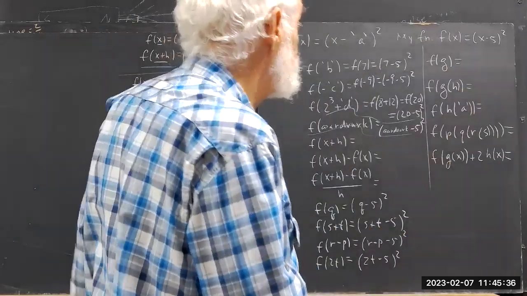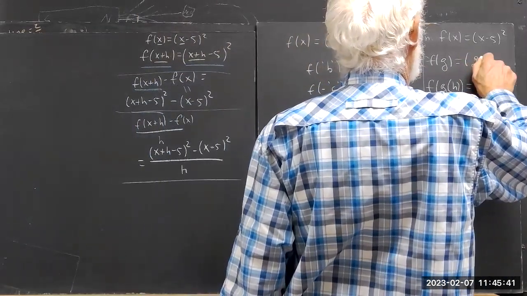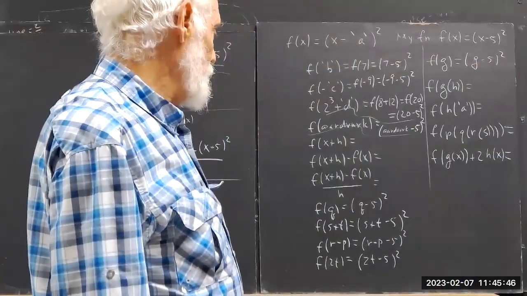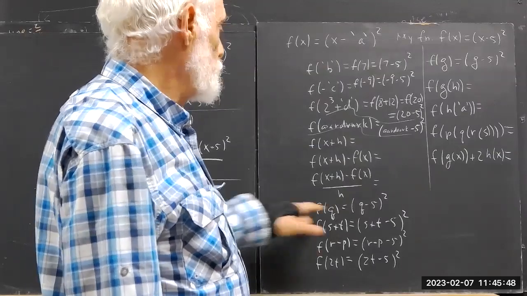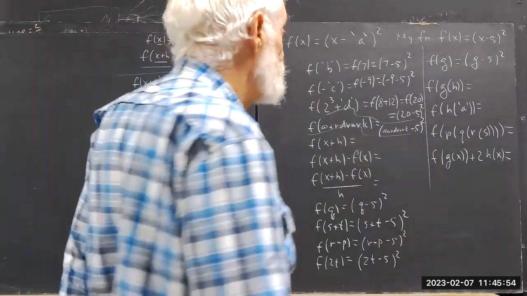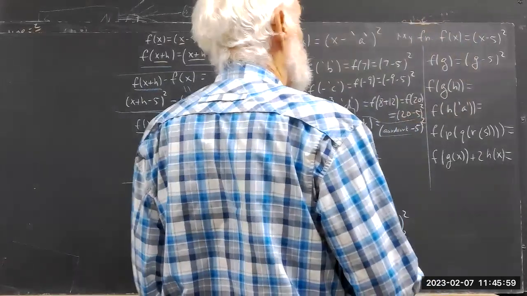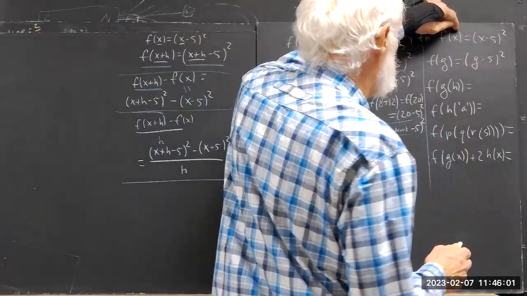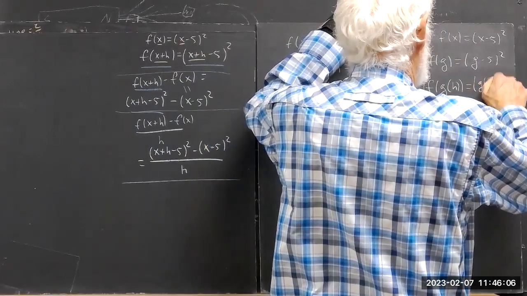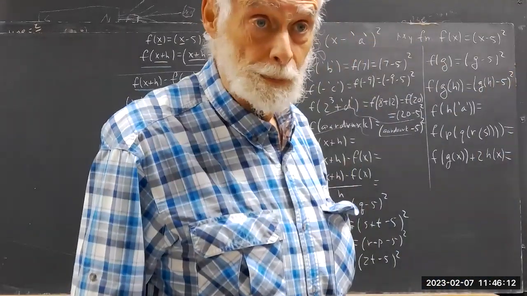So F of G is G minus five squared, just the same as F of Q is Q minus five squared. G just behaves like a letter. What about F of G of H? Well, you've replaced X by G of H, so this is G of H minus five quantity squared, right?